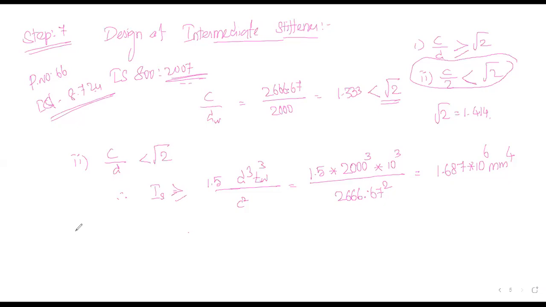So I have to choose one section, that is one flat. As usual, this is my top view. This is my web plate of 10 mm thickness, and on either side I am going to provide the flats. This flat is our intermediate stiffener, so I have to assume the stiffener size and check the Ix value.